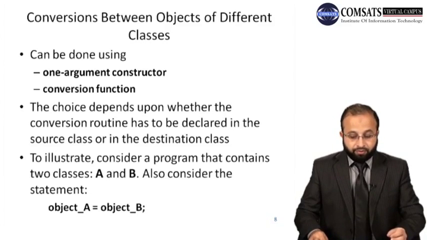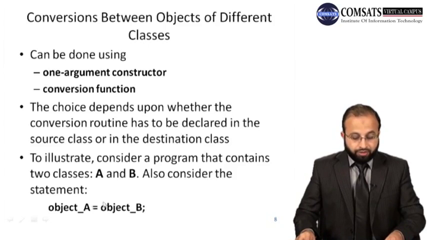To illustrate, consider a program that contains two classes A and B. Also consider the statement object A is equal to object B. So what are you doing? You are assigning the value of object B to object A, right?